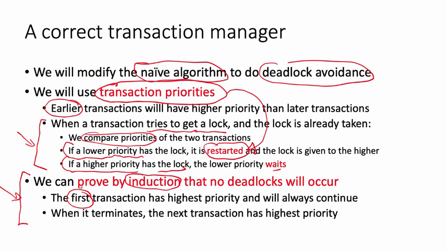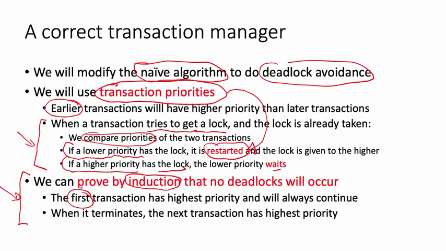If it tries to get a lock, it will always get that lock. So nobody can stop it and it will complete. Once it's completed, the second transaction has the highest priority, and again, nobody can stop it. So by induction, eventually all transactions will complete. Okay? So that's how it works.